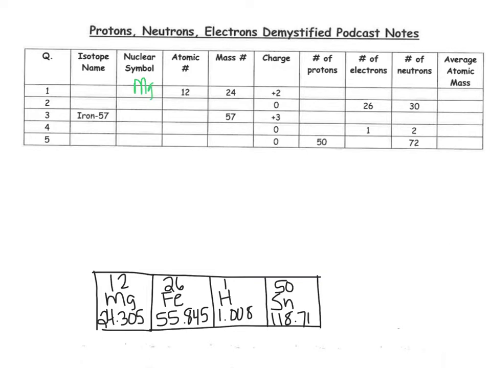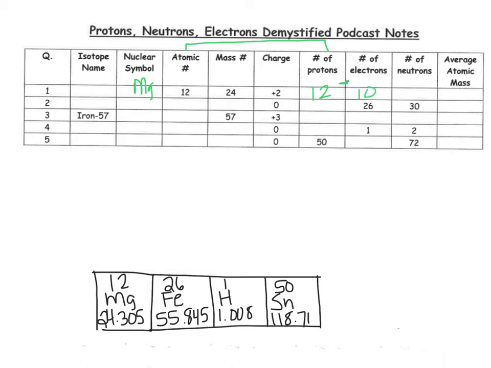If its atomic number is 12, the atomic number always equals the number of protons. And for our purposes, protons equal electrons. But in this case, this magnesium has a charge. It's a +2, so that means you're going to subtract, and it has 10 electrons.